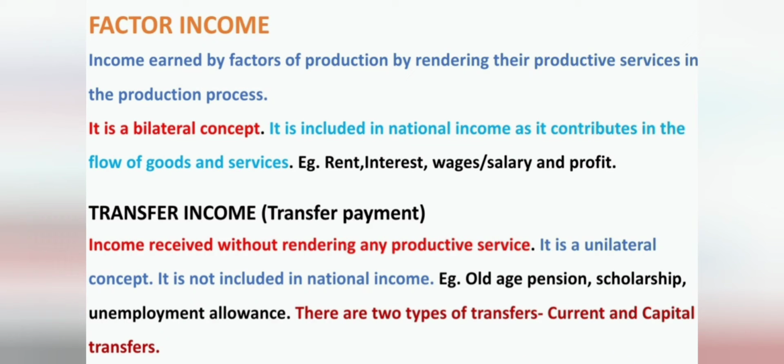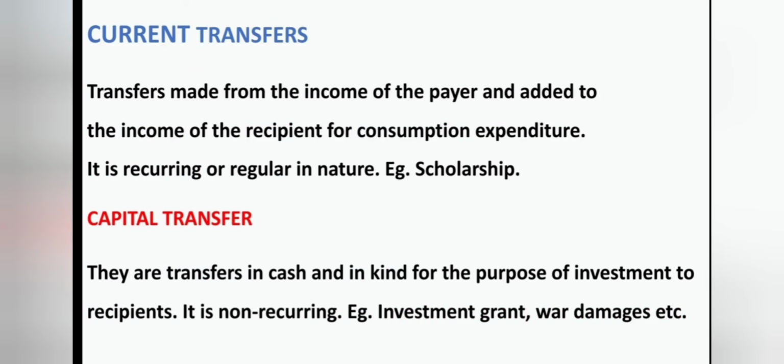But transfer income or transfer payment, they are income received without rendering any productive service. It is a unilateral concept, one-sided. It is not included in national income, for example old age pension, scholarship, unemployment allowance, etc. And there are two types of transfers, current transfers and capital transfers.